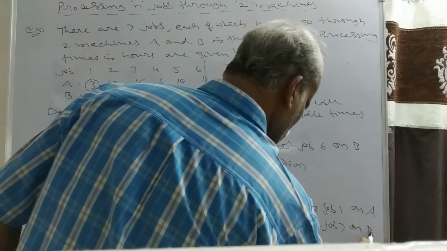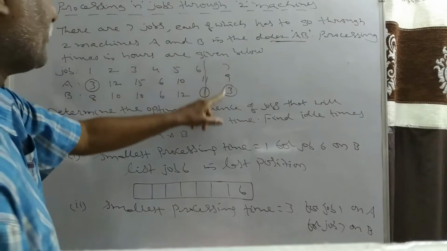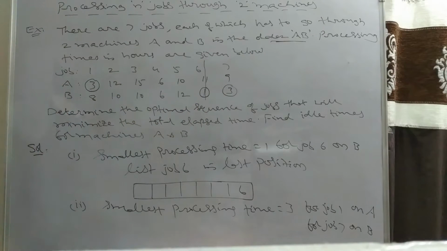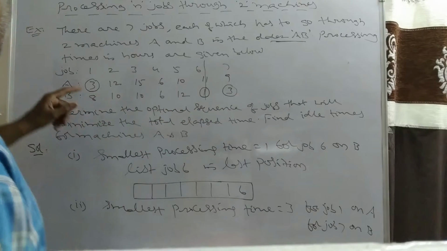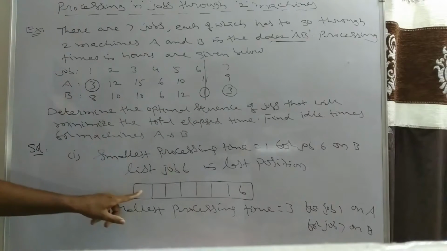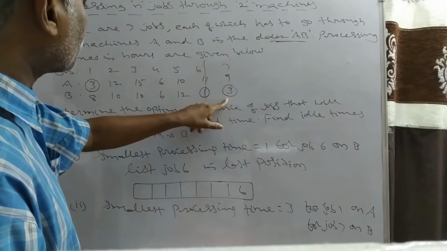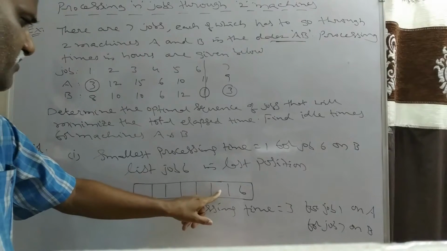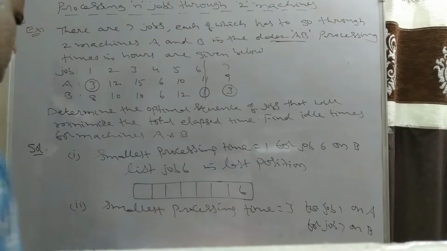So we have two minimum processing times for two jobs: for job 1 on A, and for job 7 on B. Therefore we process job 1 first and job 7 last. That means we list job 1 in the first position of the sequence, and we list job 7 in the last position of the remaining sequence, which is before job 6.